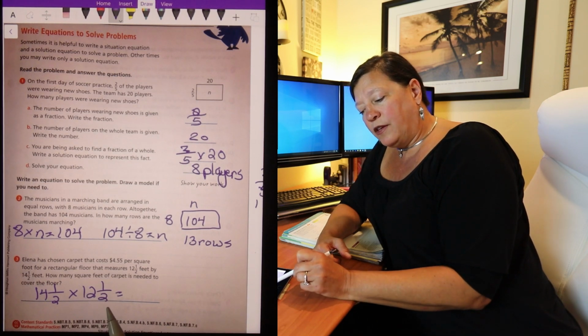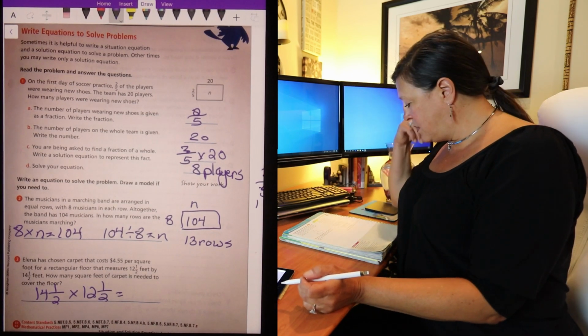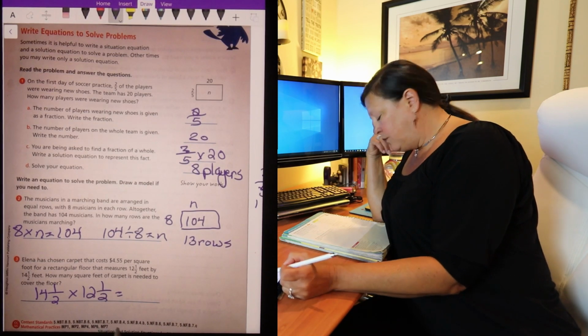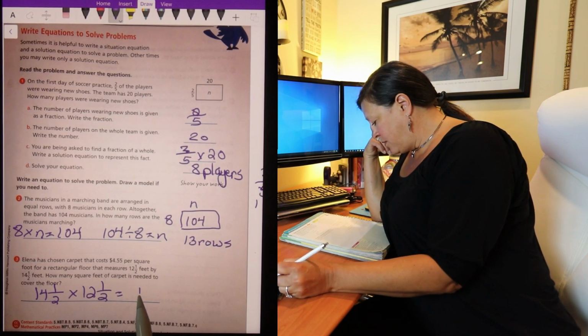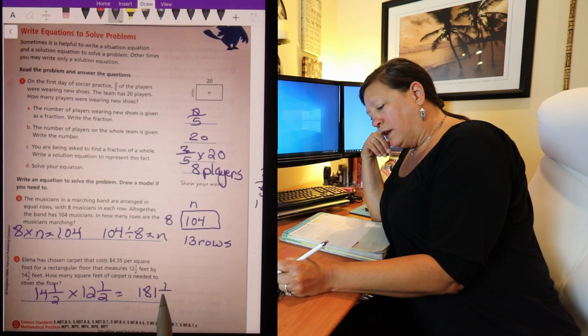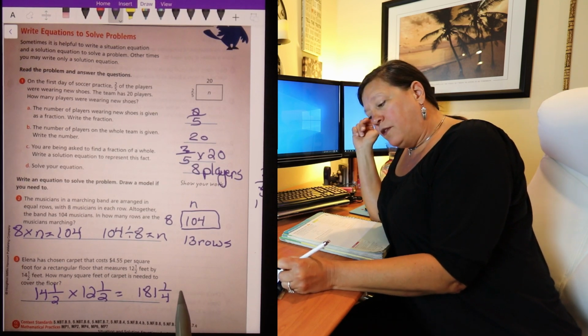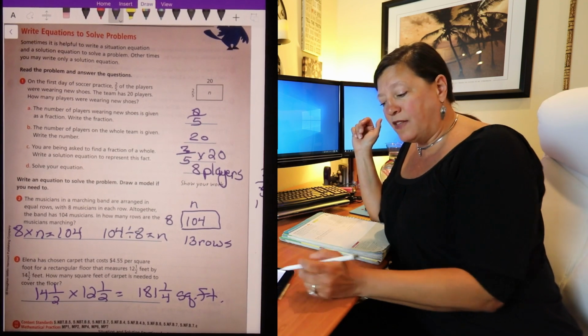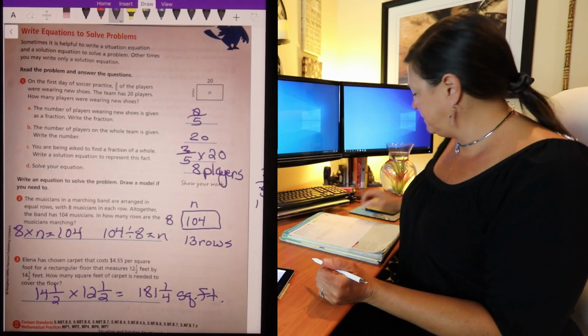So your 12 times 2, add the 1, and put that over 2. Okay, so then when you solve that problem, you should end up with 181 and 1/4 square feet. Okay, so make sure you do the math, and that's the answer that you should get.